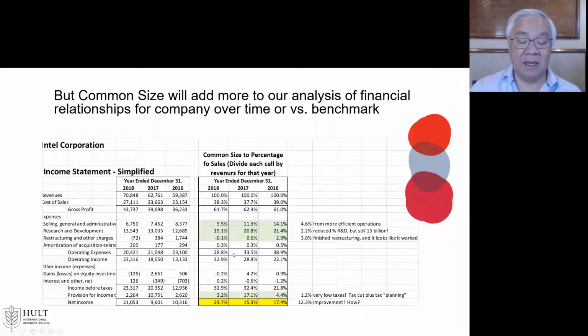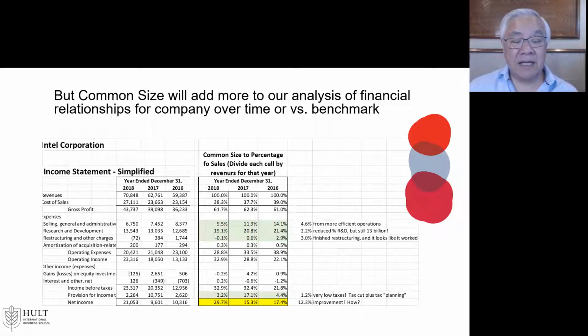Like 3.2, really low taxes. It bears investigation. There is a part of the required financial statements in the notes that requires companies to explain to you how they're able to save so much money on taxes. Here we don't know the answer of how they did it, but we know something's going on. So this points to doing some additional investigation.